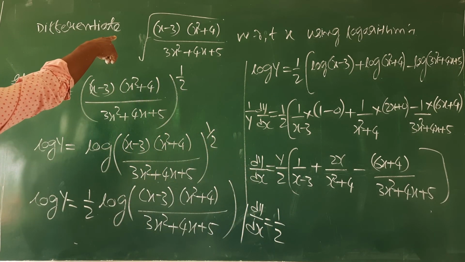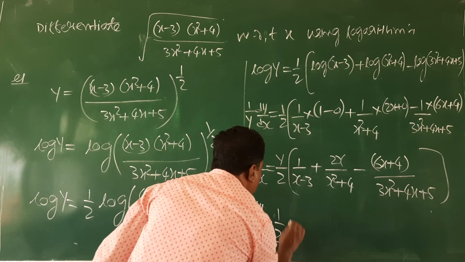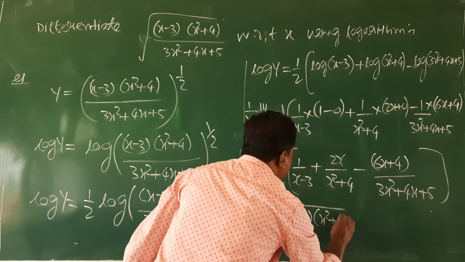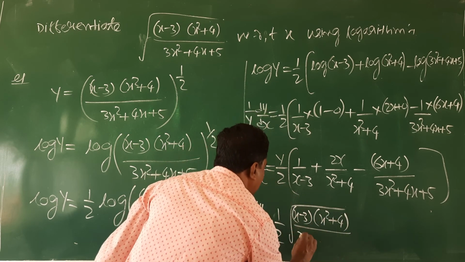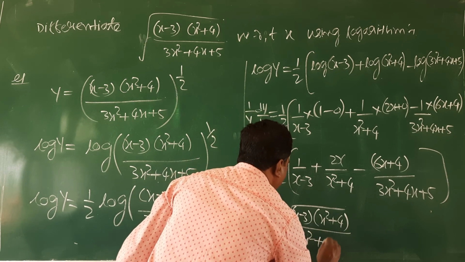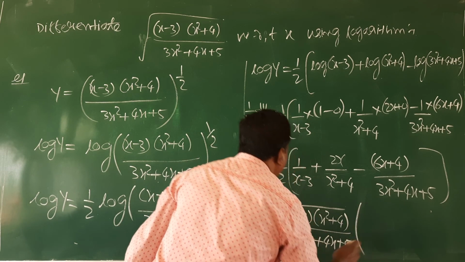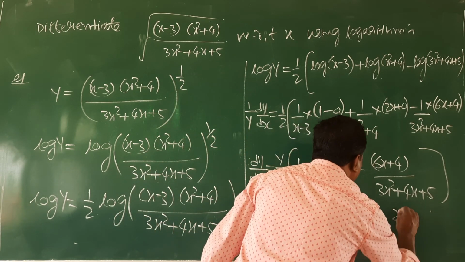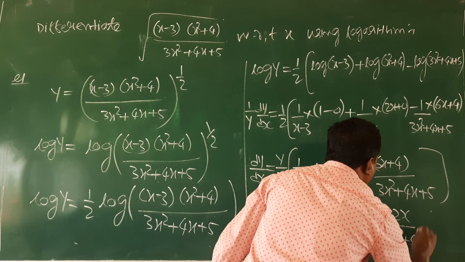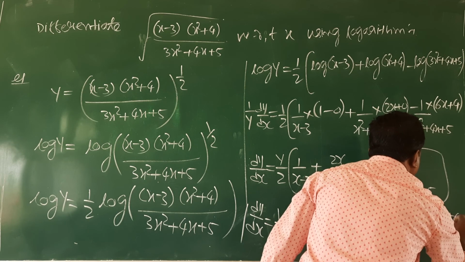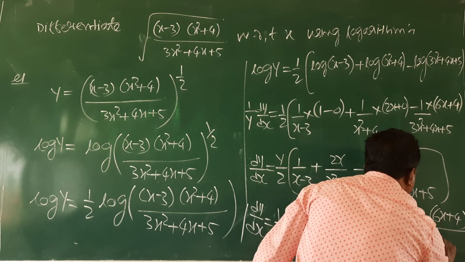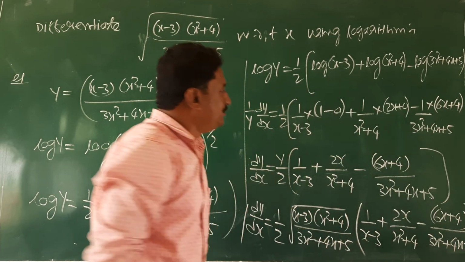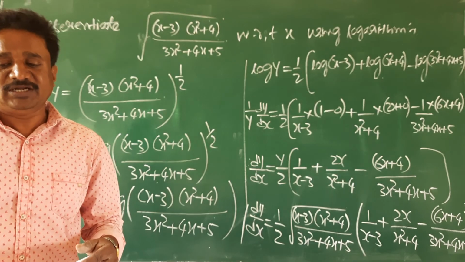We have y as root of (x minus 3)(x square plus 4) by (3x square plus 4x plus 5), into 1 by x minus 3 plus 2x by x square plus 4 minus (6x plus 4) by (3x square plus 4x plus 5). This is a 100% correct answer, students. It's for a 3-mark question.